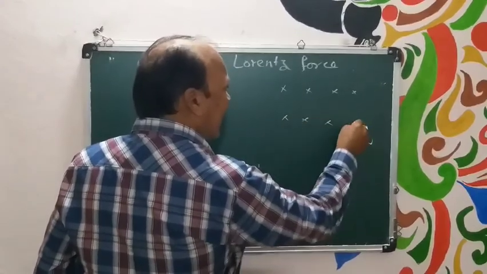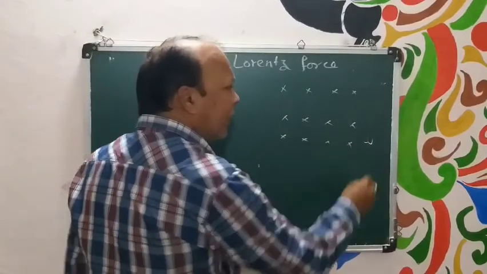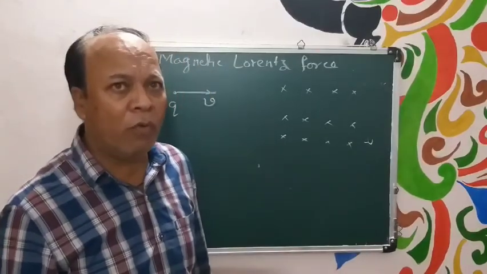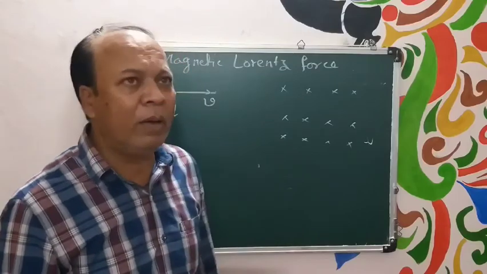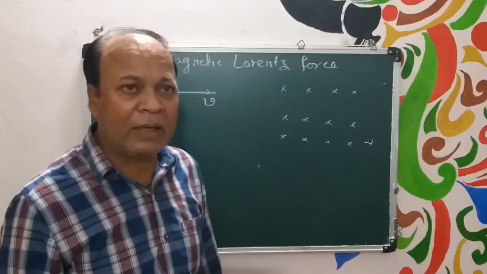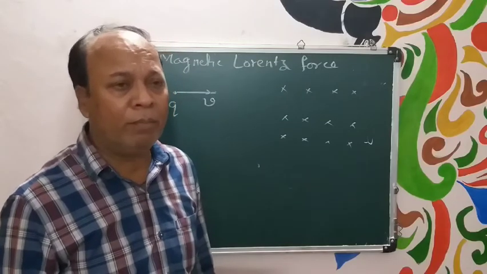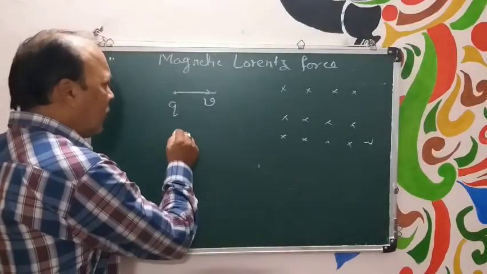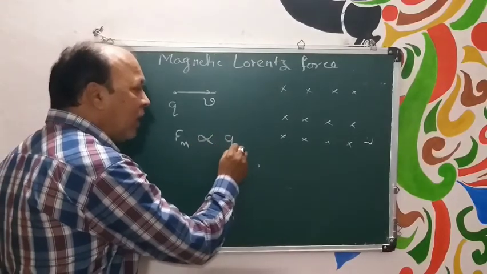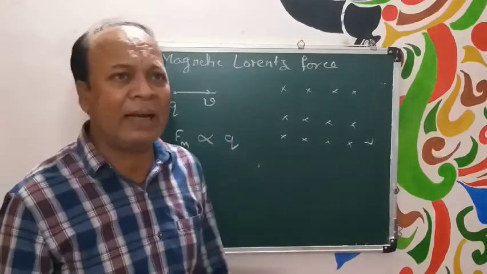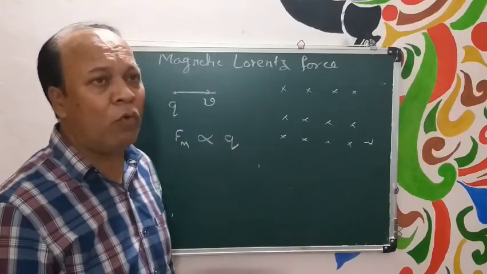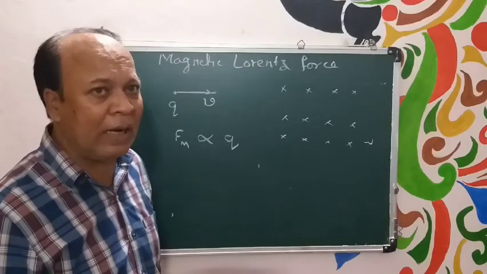When this charge enters this magnetic field, it is observed experimentally that the force acting on this charged particle will always be perpendicular to V. Obviously, V will be perpendicular to B. First of all, this force Fm will depend on the nature of charge, or simply I can say it will depend on the magnitude of charge Q.